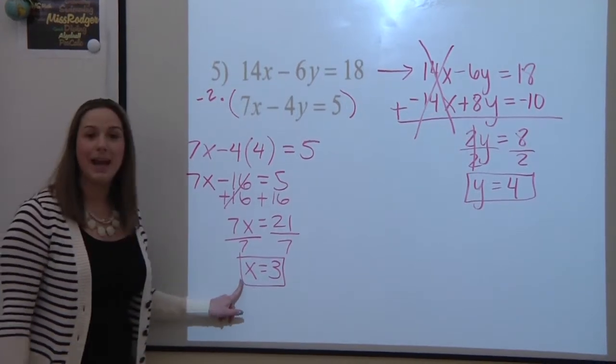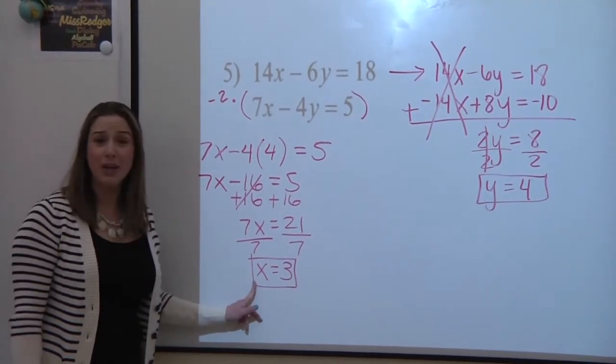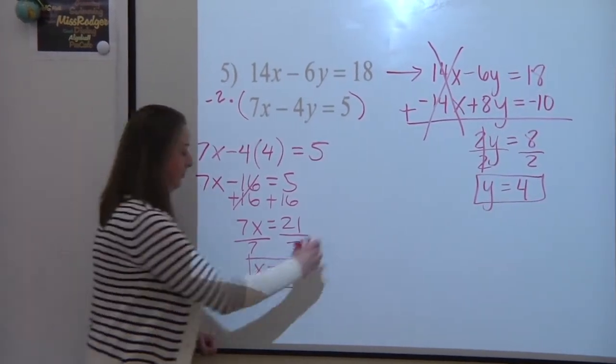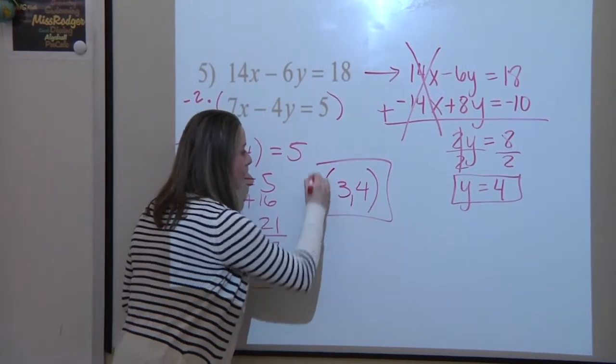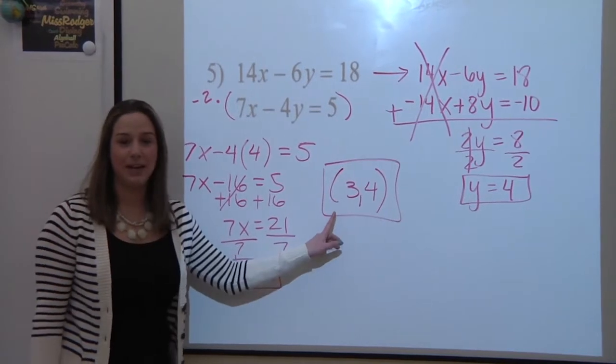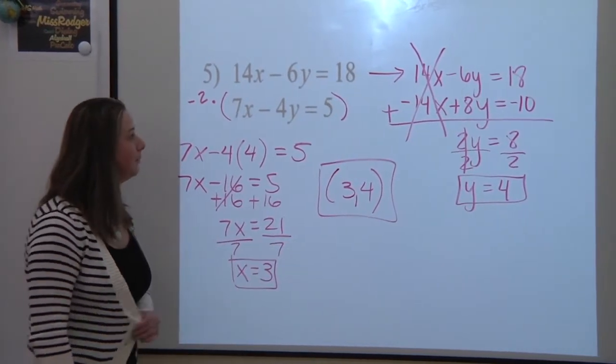For this problem, x equals 3. We have a solution. Our solution is the ordered pair 3, 4.